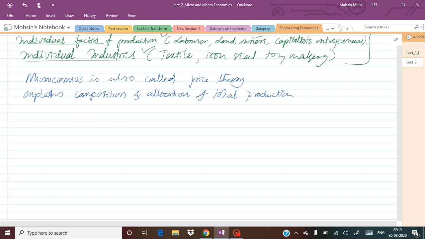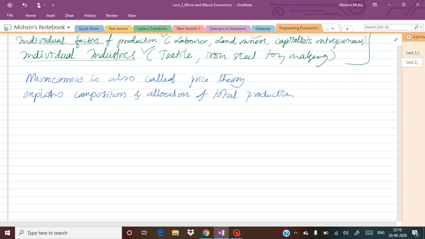Income theory, which is the macroeconomic theory, explains the total production. It does not bother about the composition or allocation of the products. It just talks about the level of production, whether the level needs to be raised or decreased.